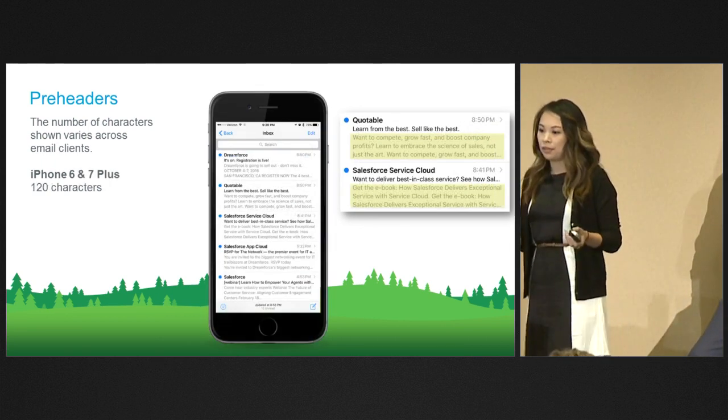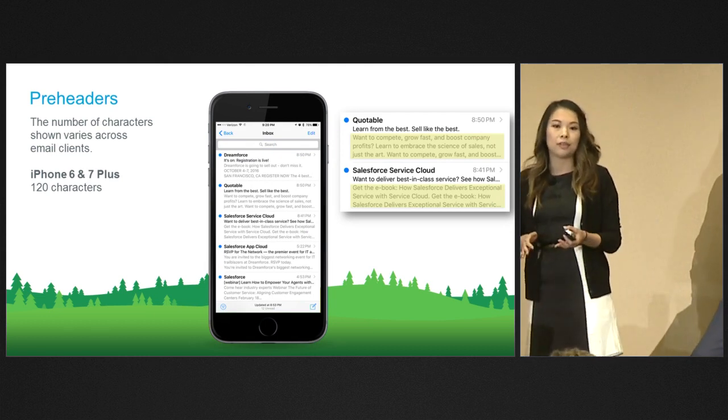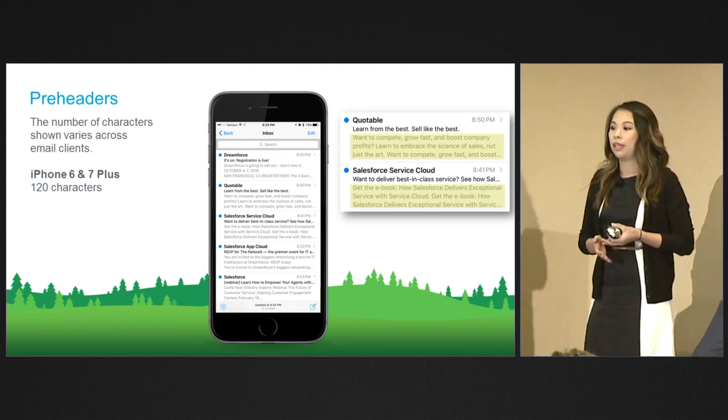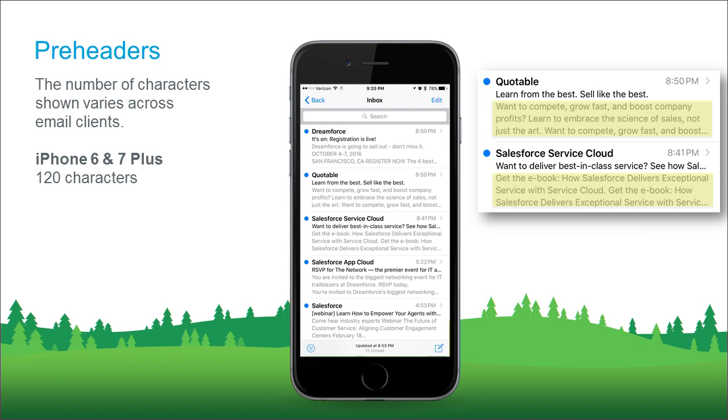Now on these bigger phones that we all have now, the iPhone 6 Plus, the iPhone 7 Plus, you have up to 120 characters. So super important that you write up to that length. These are good examples. You see it fills up the 3 lines, it tells you what's in the email, they're full sentences, it's legible. When you don't adhere to that, you might start to pull in copy from the rest of your body, or maybe a link, something that doesn't really make sense without any context.